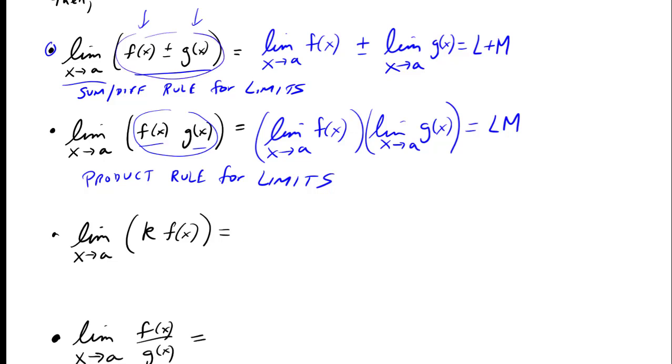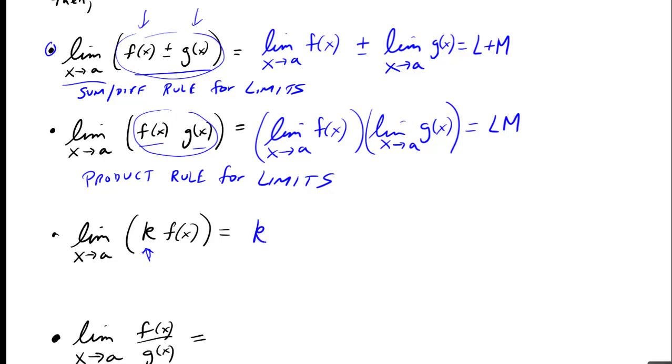All right, here we have a slightly different product. The only difference in this one is this k here that's multiplying f of x is a scalar, a constant. Okay, so what we want to know is we're going to take f of x, multiply it by k, and then take the limit. We want to know, could we actually sort of factor out that k?